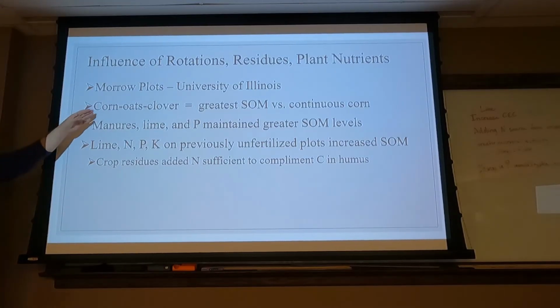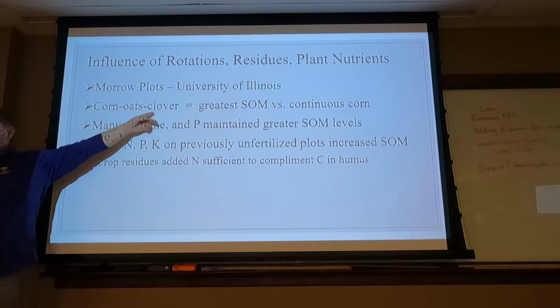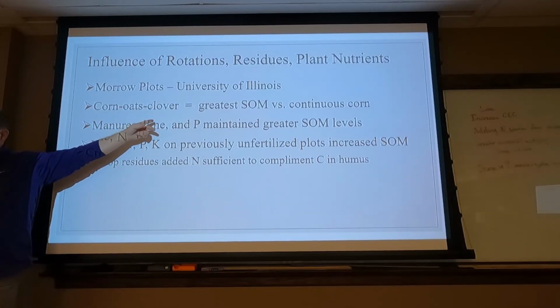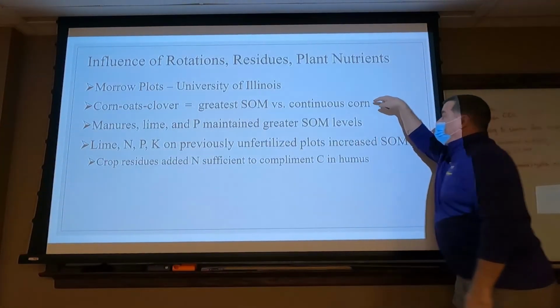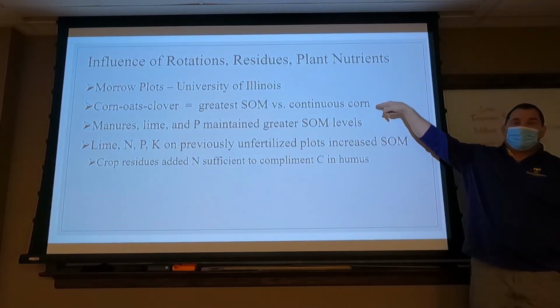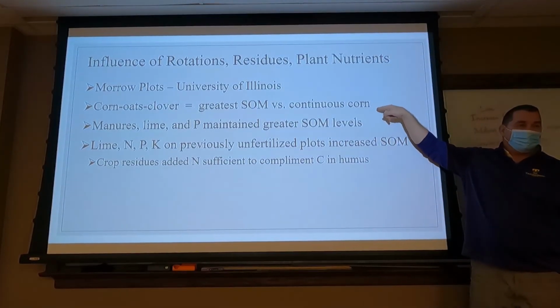And so corn being a grass, oats kind of being a cereal grass, and then clover being a legume, versus grass with a high carbon to nitrogen ratio every single year.